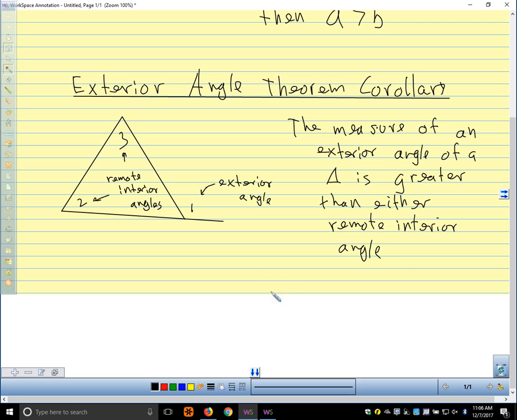So what we're saying here is the measure of angle 1 is greater than the measure of angle 2, and the measure of angle 1 is greater than the measure of angle 3.